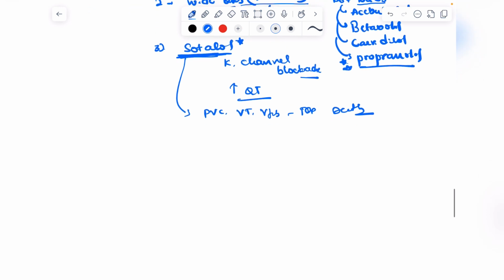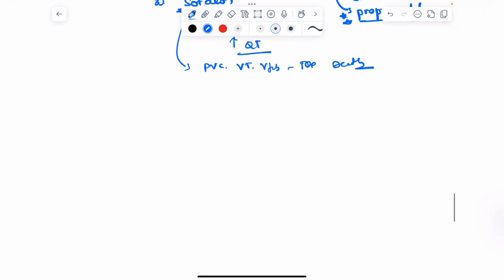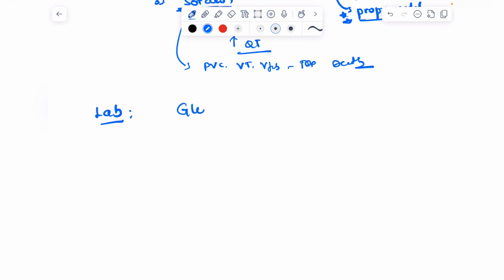This is about the ECG that you have to take bedside. If you do blood tests and lab parameters, you have to do all the routine blood tests. If you check serum glucose, most of the time there will be euglycemia.